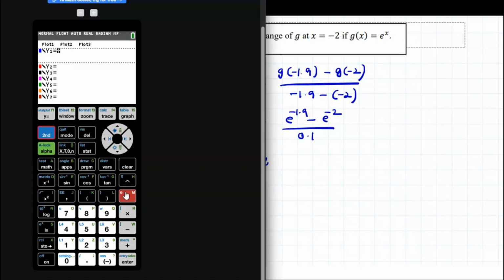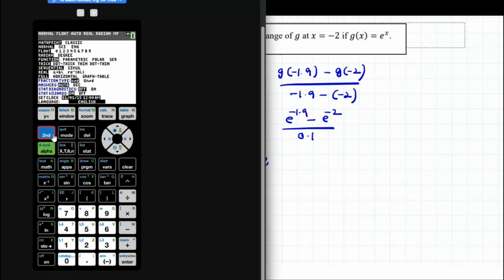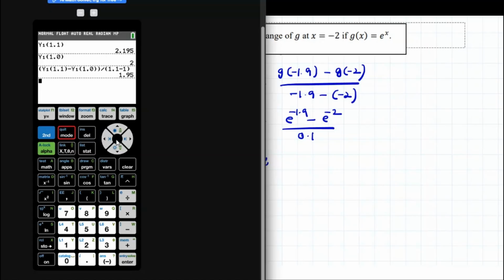So this is y2 minus y1, that is e to the -1.9 minus e to the -2, the y value of -2.